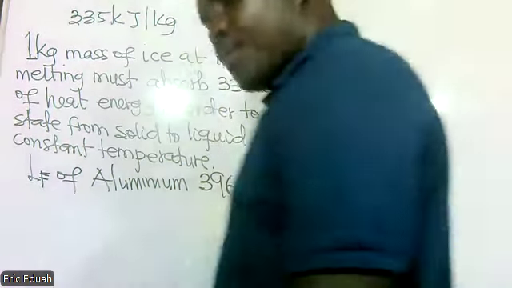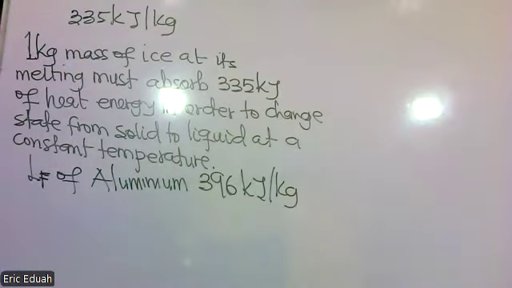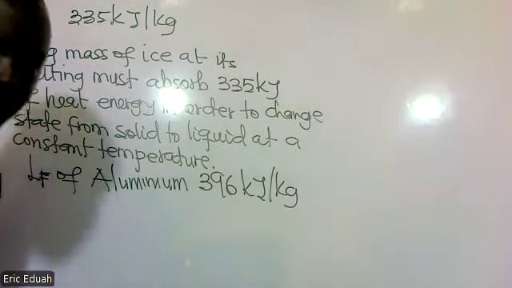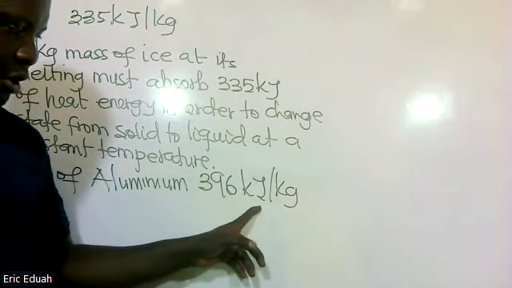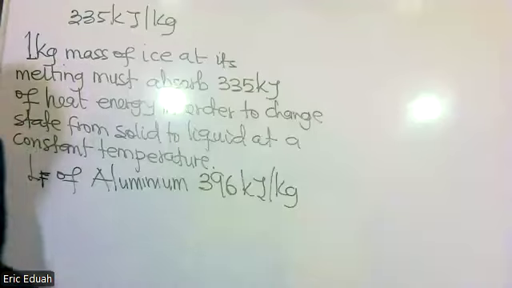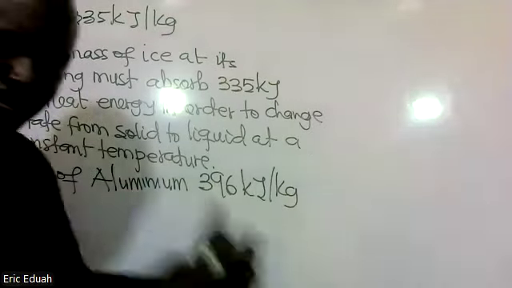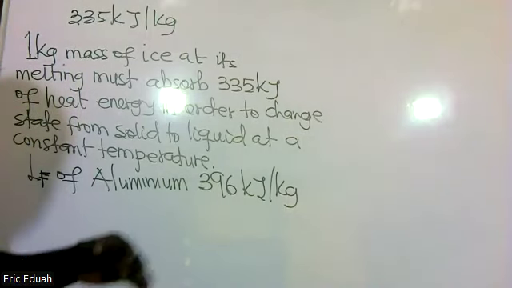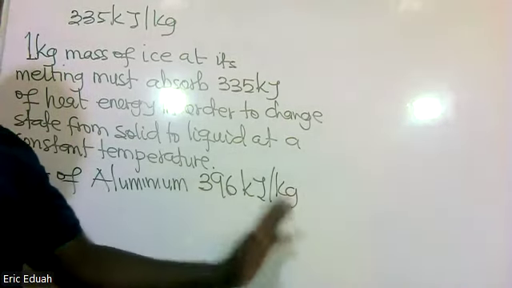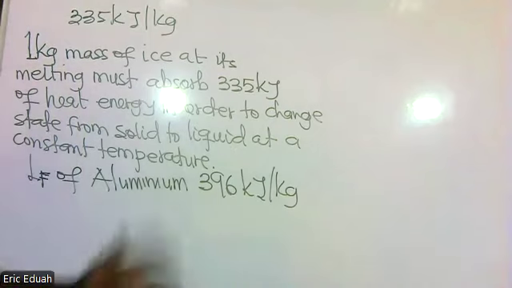All right, so 1 kilogram mass of aluminium must absorb 396 kilojoules of heat energy at its melting point in order to change state from solid to liquid at a constant temperature.